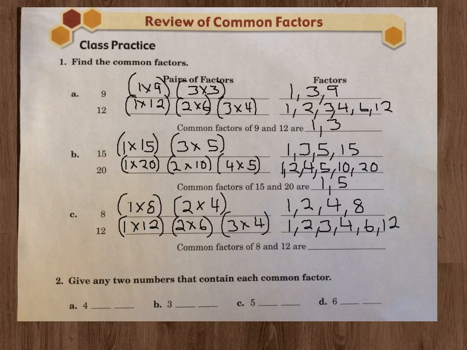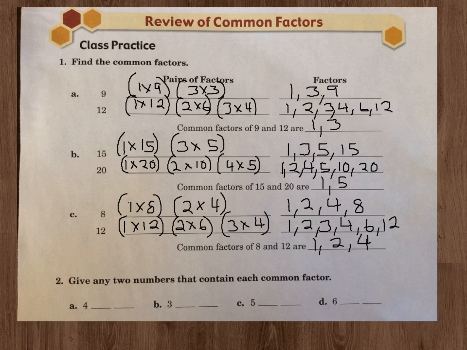And then our common factors of 8 and 12 would be 1, 2, and 4. If I were to ask you what the GCF is, you would say 4, because 4 is the biggest number that they have in common.